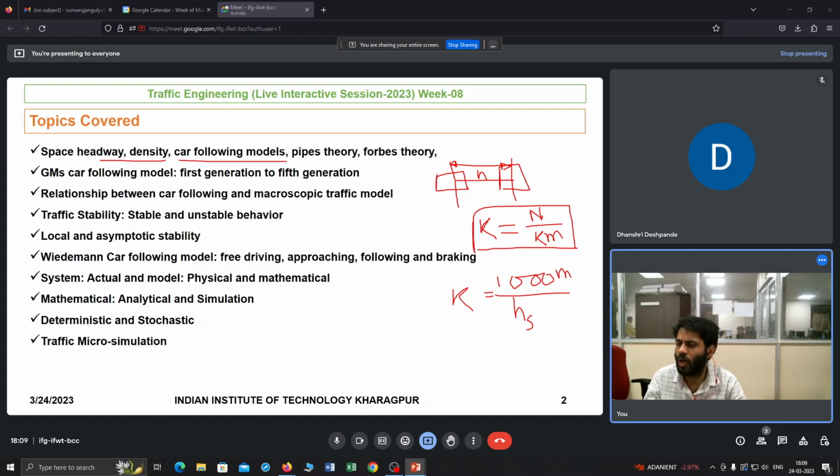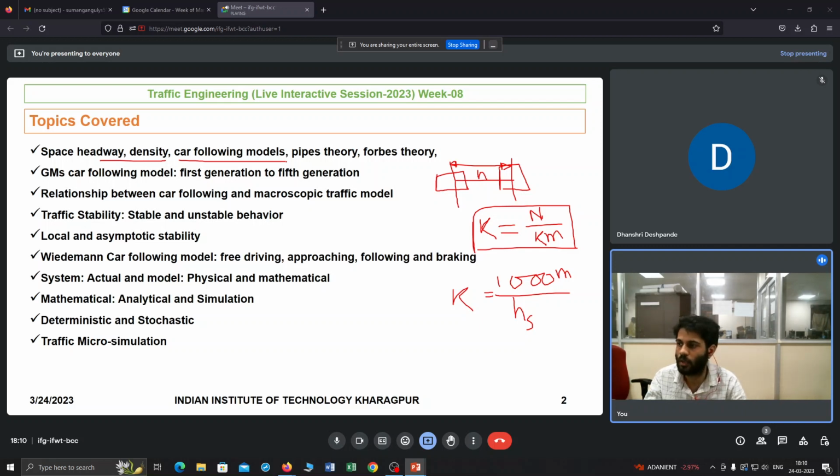I do not think we have explicitly developed any car following model for countries like India, so there is scope for research.